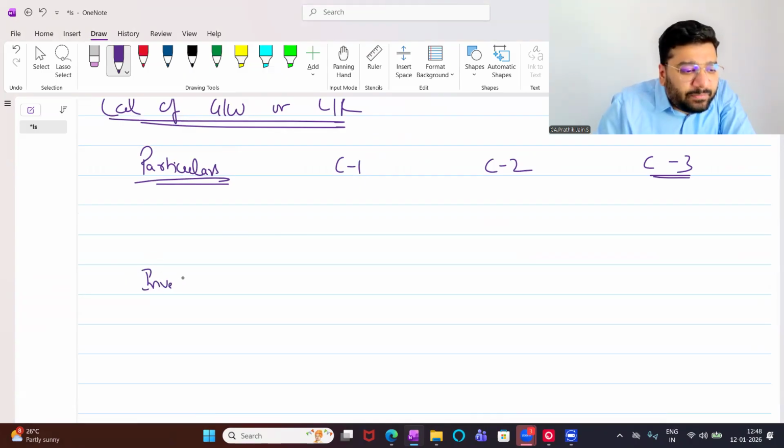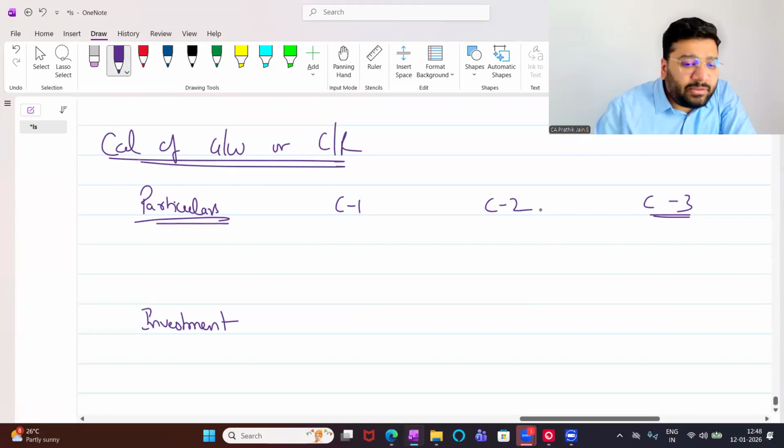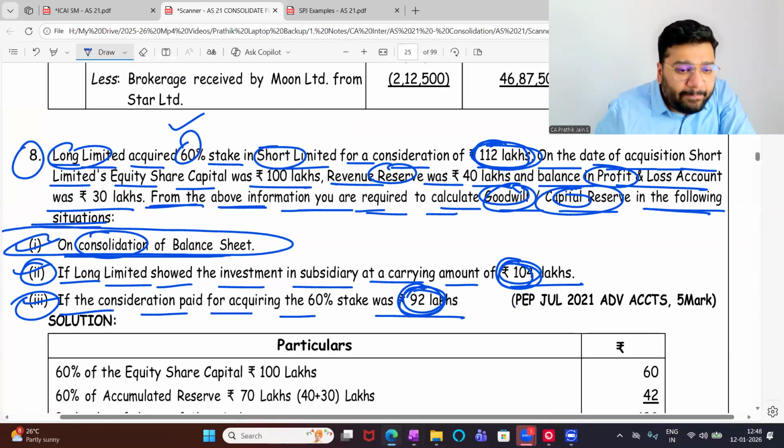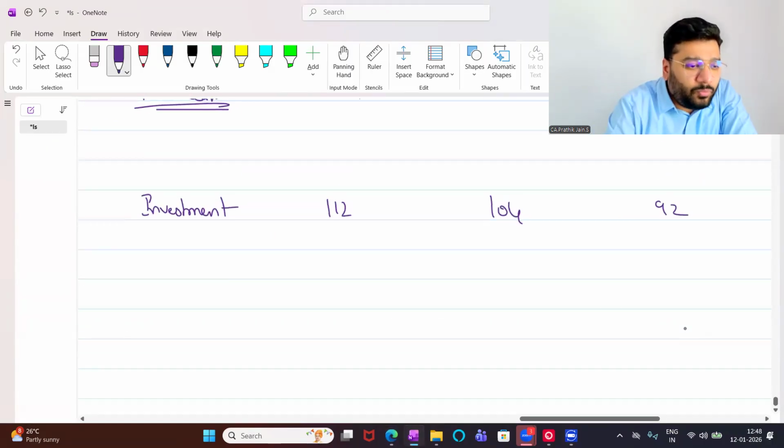How much is investment? In case 1, 112 lakhs. Case 2, 104. Case 3, 92. Without forgetting, please write here, rupees in lakhs. This 112, then 104, 92.